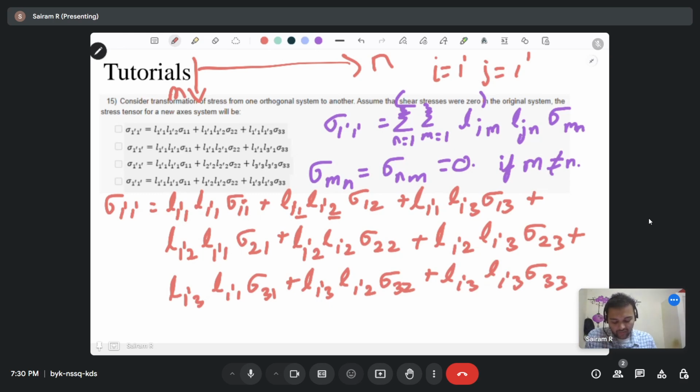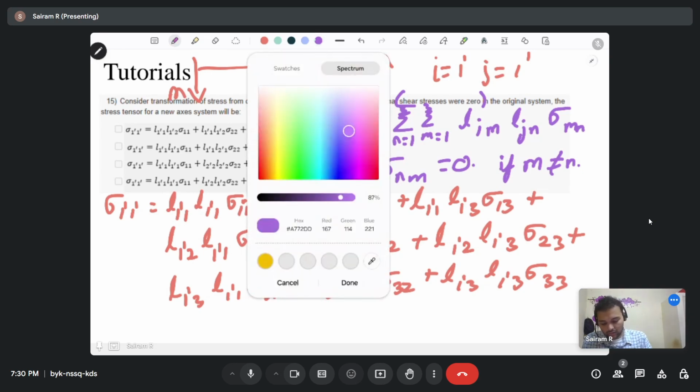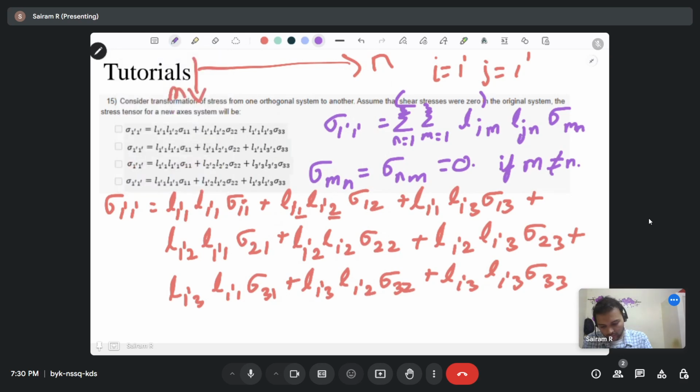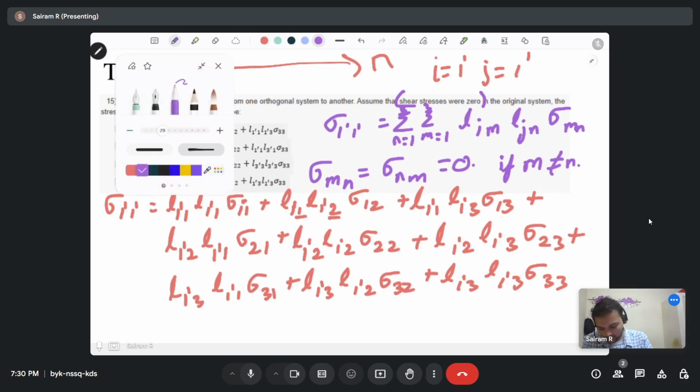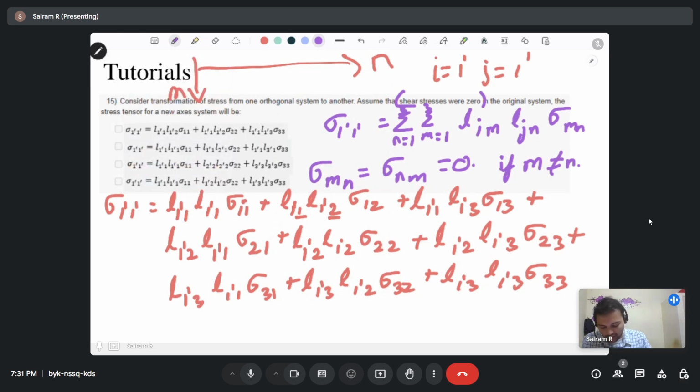As you all know, sigma mn equals sigma nm equals 0 if m is not equal to n. So only the values of sigma 1 1, sigma 2 2 and sigma 3 3 are not 0.